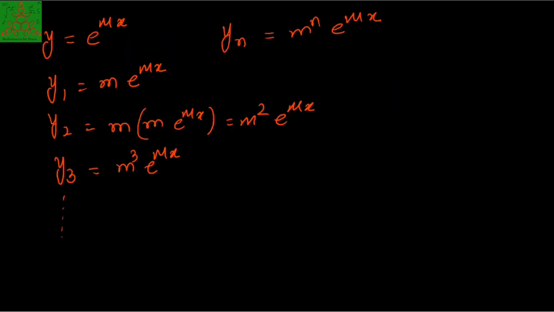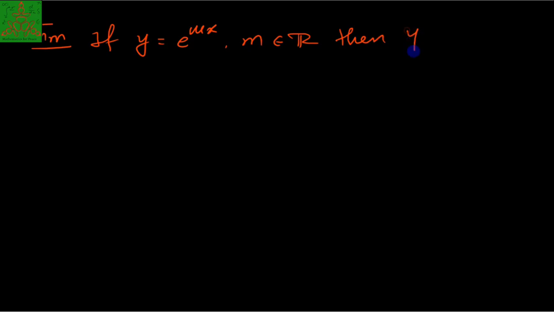Now let us make a statement of the conclusion, and call it a theorem. If y is equal to e power mx, where m is any real number and x is also a real number, then yn is m power n e power mx for any n belonging to the natural numbers.